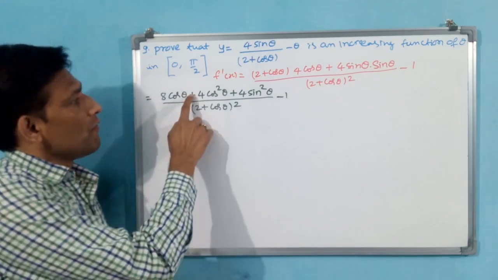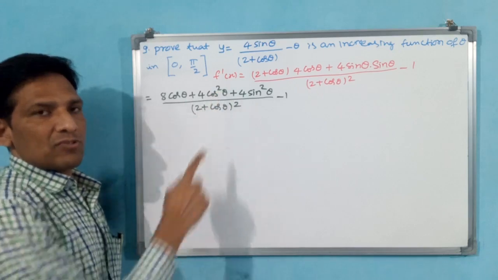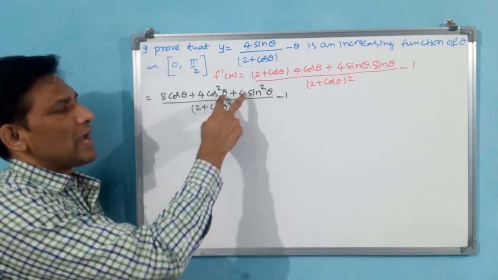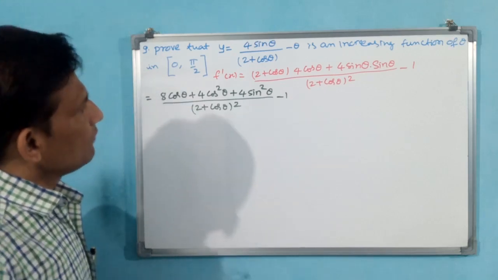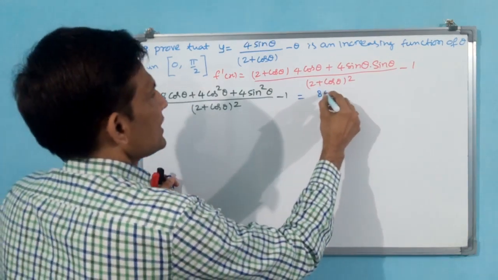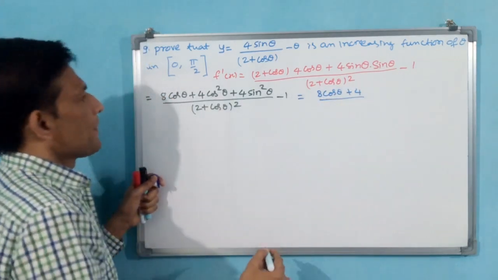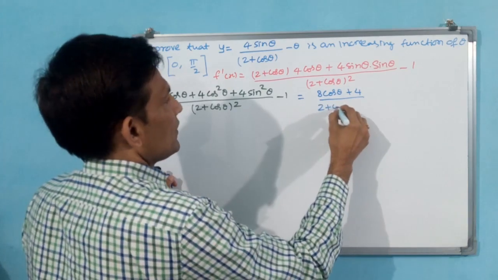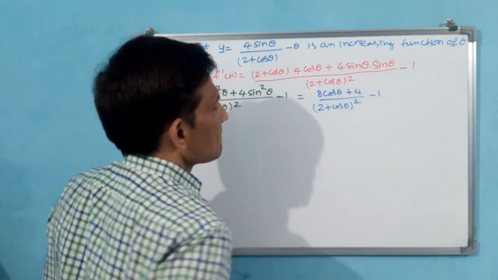Now you tell me 4 cos square theta, 4 sin square theta. 4 if you take common, sin square theta plus cos square theta is 1. That means this value is 4. Okay. Write down. 8 cos theta plus 4 by 2 plus cos theta whole square minus 1. Okay.